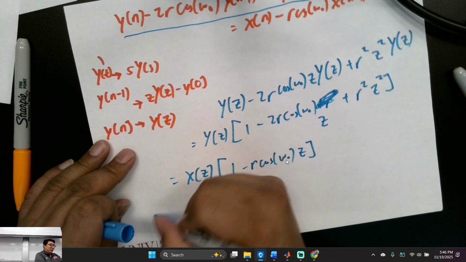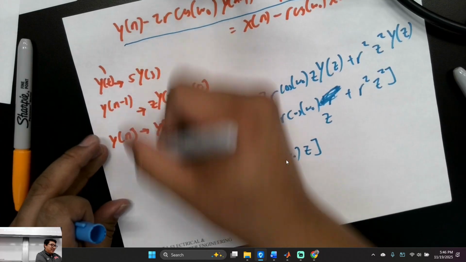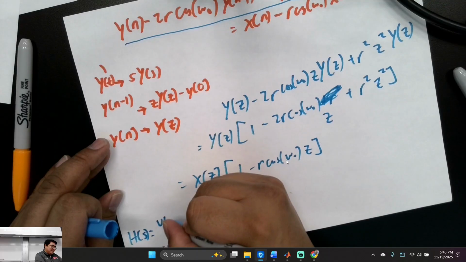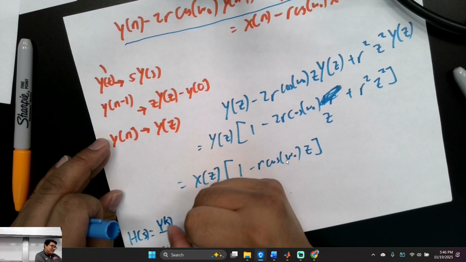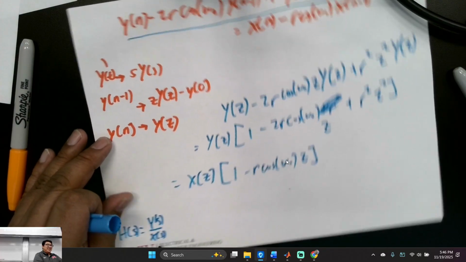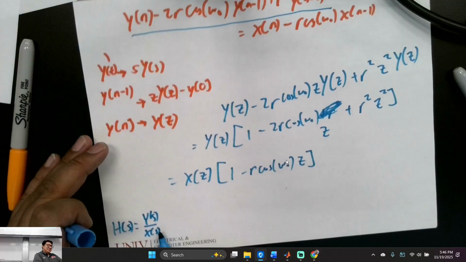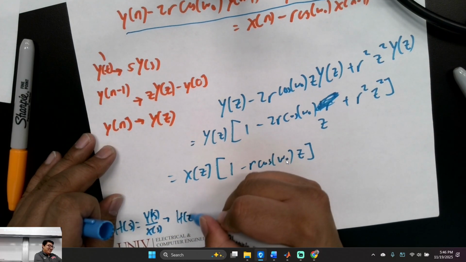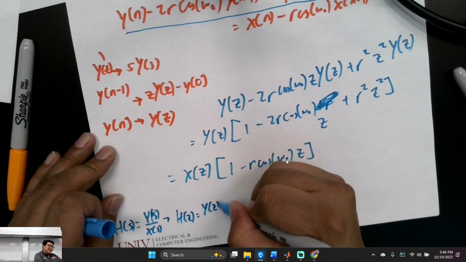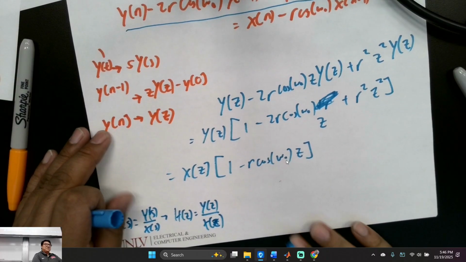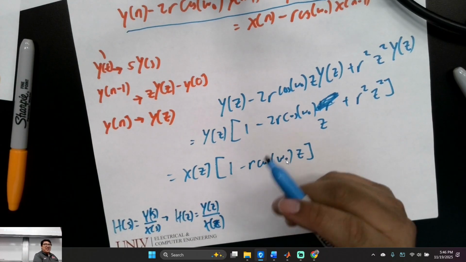And then we have to remember one property: Y(s) over X(s), or here Y(z) over X(z). It's just output over input.